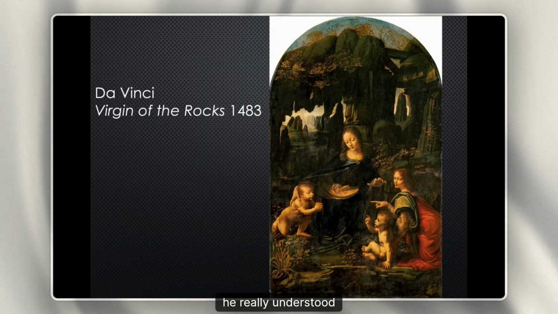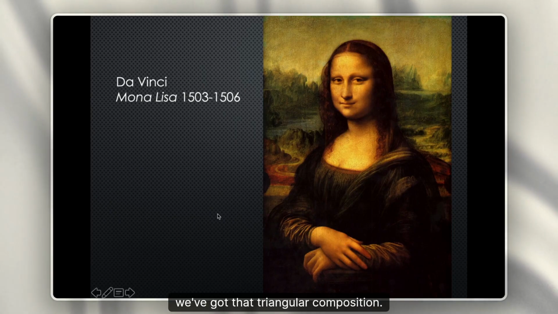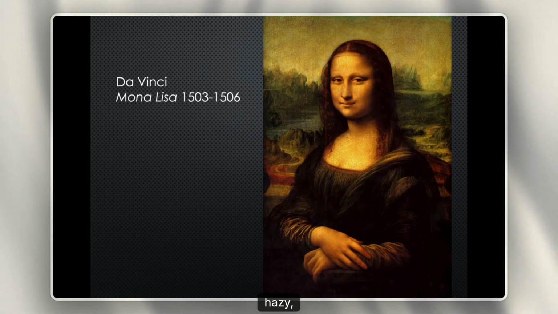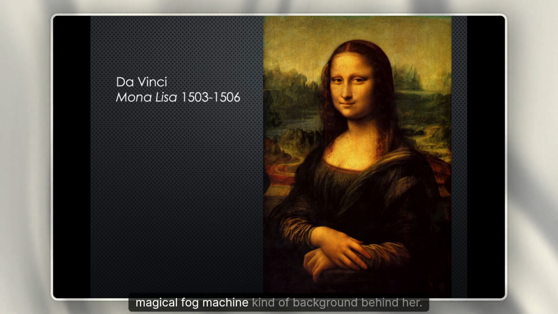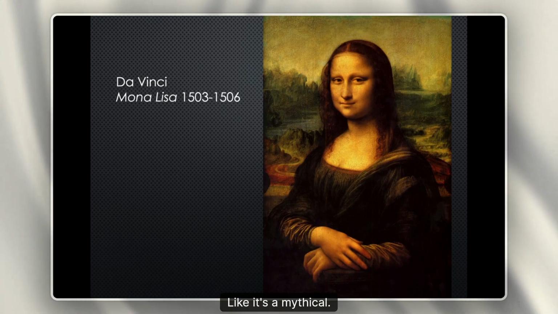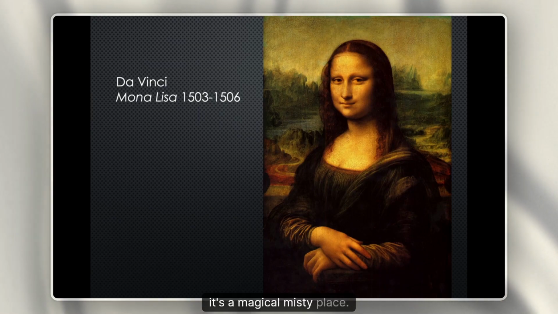He really understood form. The Mona Lisa, we've got that triangular composition. And sfumato: look at that hazy, misty, magical fog machine kind of background behind her. That doesn't look like anywhere I could go. It's mythical, I mean, hellscape is probably the wrong word, but it's a magical misty place.